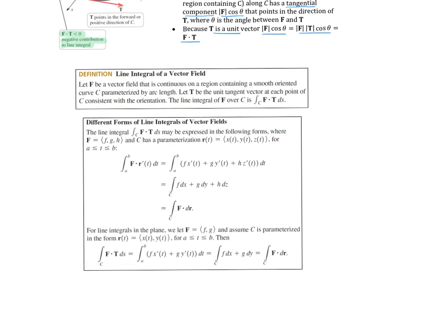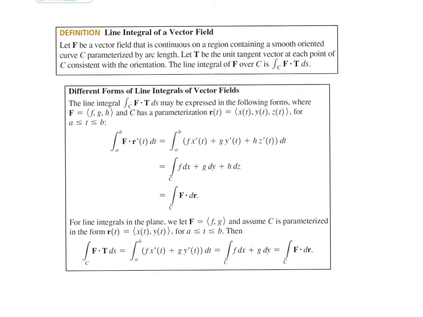So our definition again is with arc length. If we have some vector field F, continuous on some smooth oriented curve C, and here it's parameterized by arc length, our usual definition.